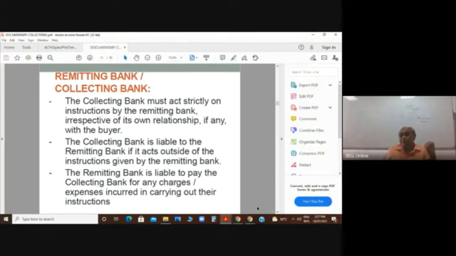But after collecting the documents, the importer says, no, I'm not going to pay you your charges. In a scenario like that, the remitting bank is liable to pay the collecting bank for any outstanding charges, right? But that will happen only if you carried out their instructions.